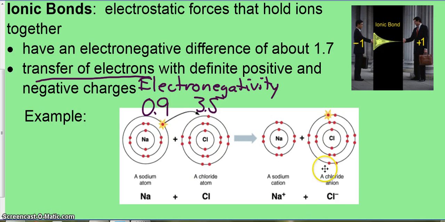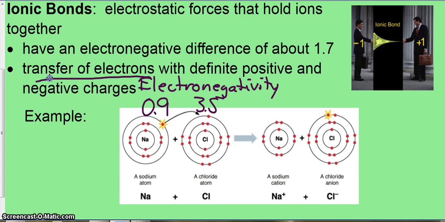Once these two create that force of attraction bond, the electron has actually been transferred from the sodium to the chloride ion. And then your attraction occurs between the positive sodium and the negative chlorine ion.